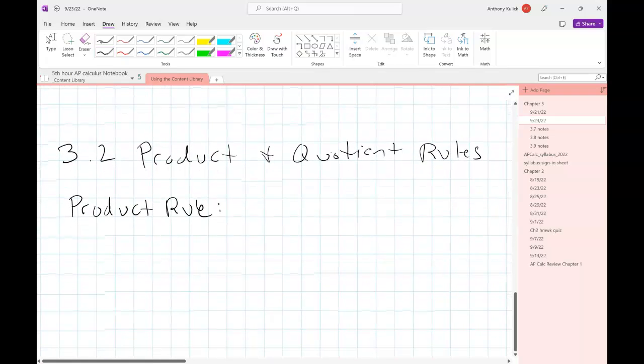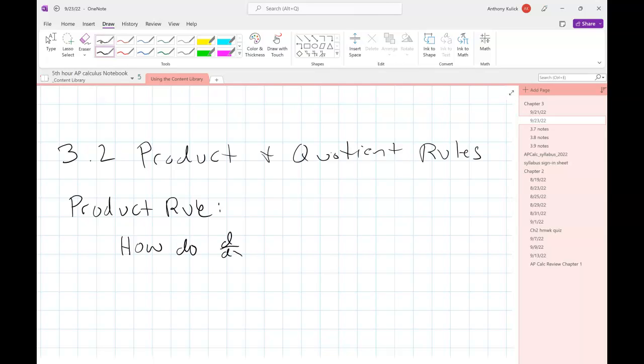And what the product rule is going to describe for us is how we do something like this, where we're going to take the derivative of the product of two functions.